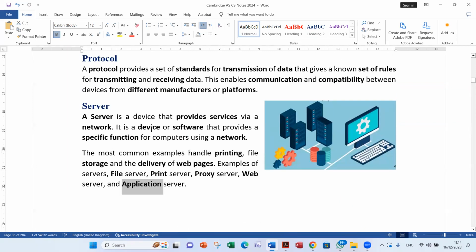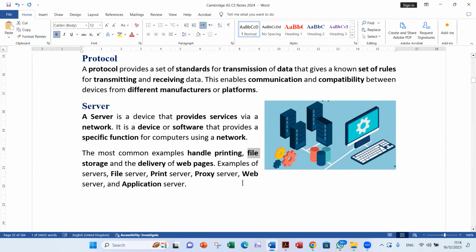Okay, so a server is a device that provides services via a network. It is a device or software that provides a specific function for computers using a network. The most common example is a server to handle printing. Okay, a server for file storage, a server for delivery of web pages.